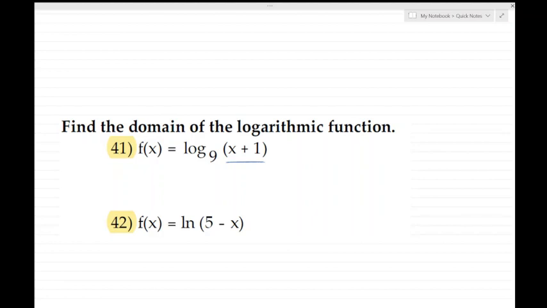So x plus 1 greater than 0. Solve for x. x is greater than negative 1. Perfect. So the domain tells us that from negative 1, not including, all the way up to positive infinity. That would be the domain of the function.